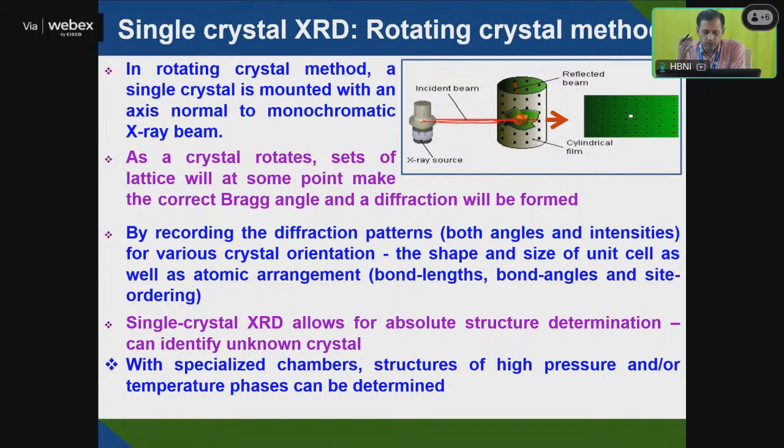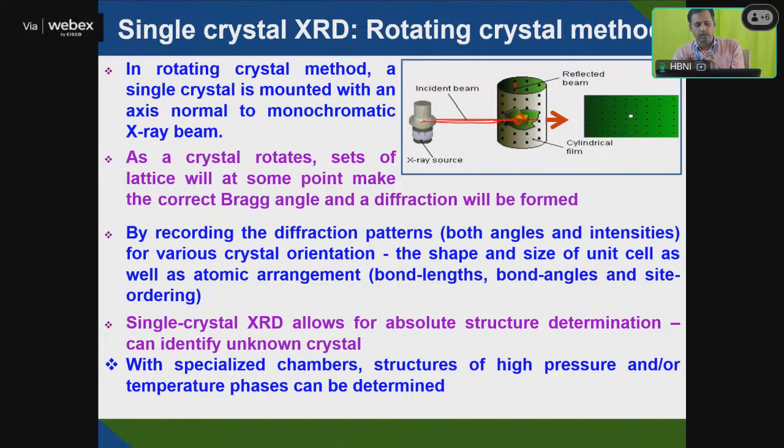As the crystal rotates, a set of lattice planes will at some point make the correct Bragg angle. In a polycrystalline sample, you have many thousands of crystals in the material, but here it is a single crystal. But since it's rotating continuously, what happens?